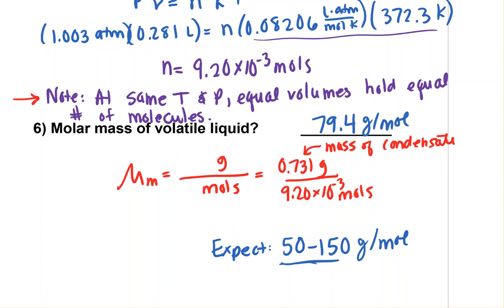This range, it's not just the range of our unknowns, but for something that's going to be a liquid at room temperature but be turning into a gas at 100 degrees C, that's about the size of molecules that might fit into that, because molecular size is involved in determining how much the molecules are attracted to each other, which determines what state of matter they're in.